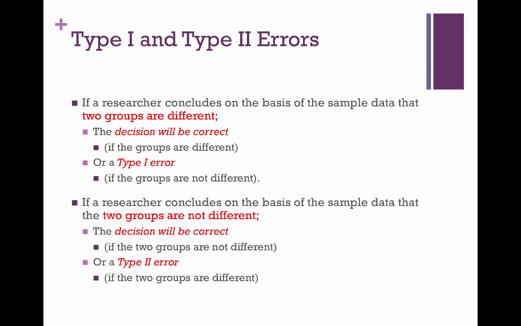If a researcher concludes on the basis of a sample of data that the two groups are different, then the decision will be correct if the groups are different, or a type 1 error if the groups are not different. If the researcher concludes on the basis of the sample data that the two groups are not different, then the decision will be correct if the two groups are not different, or it'll be a type 2 error if the two groups are actually different.